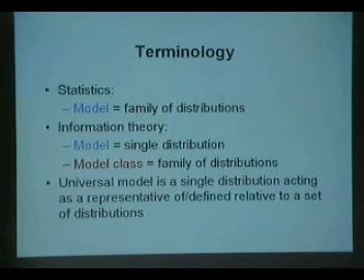Now, I want to stick to statistical terminology because that fits more with this summer school, but the terminology universal model, which refers to a single distribution, is so ingrained that I can't back away from that. So in my terminology, a universal model is a single distribution, like in information theory, that represents a set of distributions, which is itself a model in the statistical sense. It's a family of distributions. So a universal model is a single distribution representing, dominating a whole set of distributions.